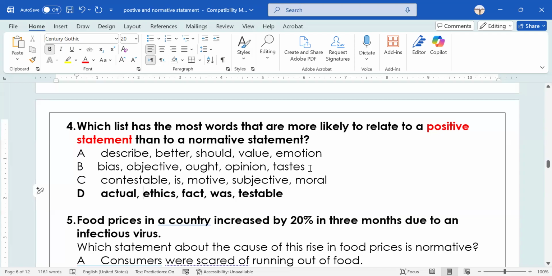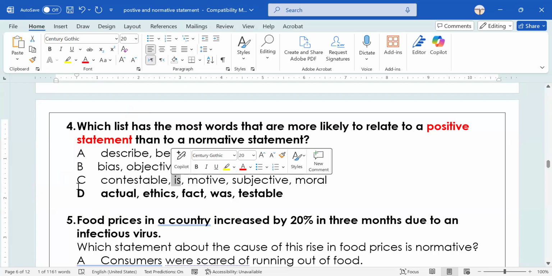Very subjective. And positive statements are objective. Letter C, contestable, motive, subjective, moral. All of them clearly indicate that these are normative.